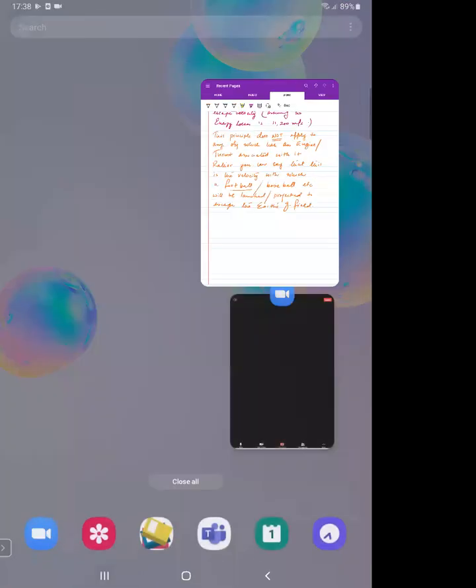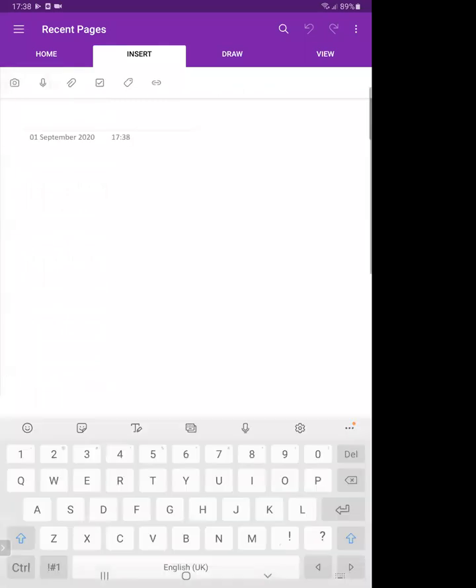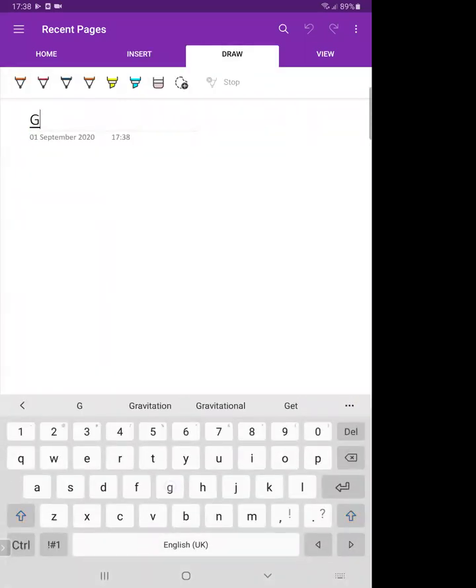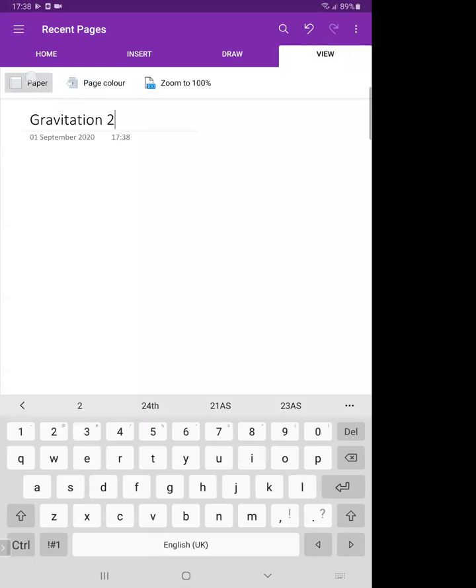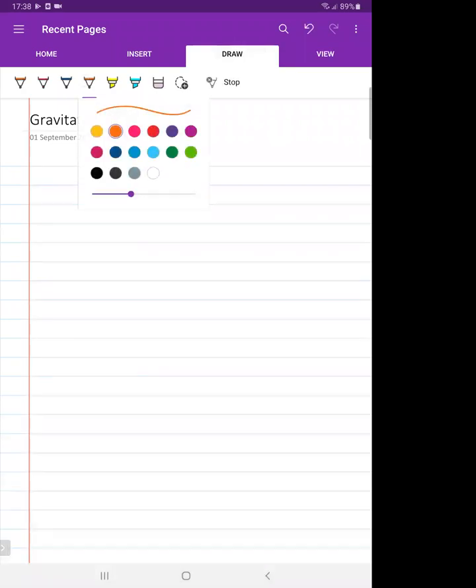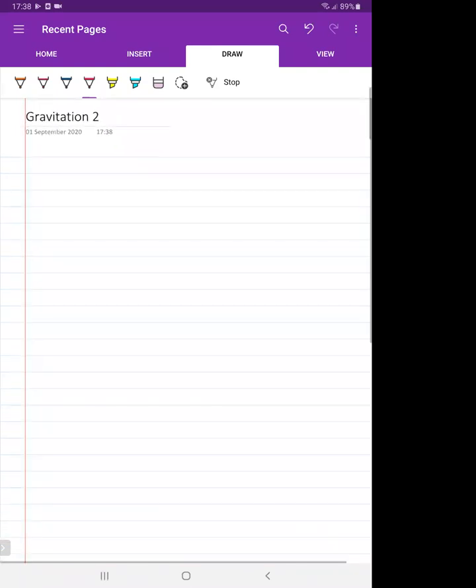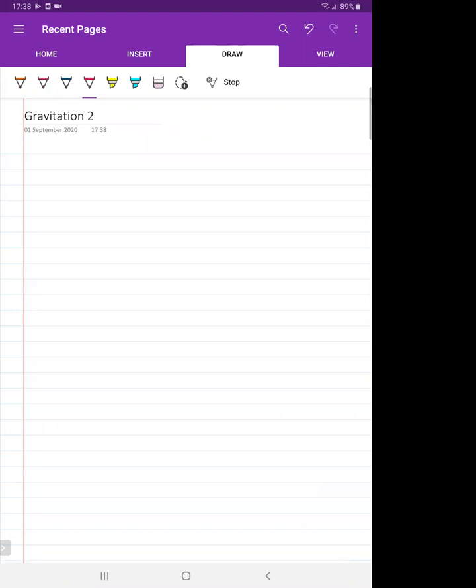Okay, let me move on to the next slide. All right. Now extending this idea further, the next thing to discuss is how to calculate escape velocity if Earth is not in isolation.